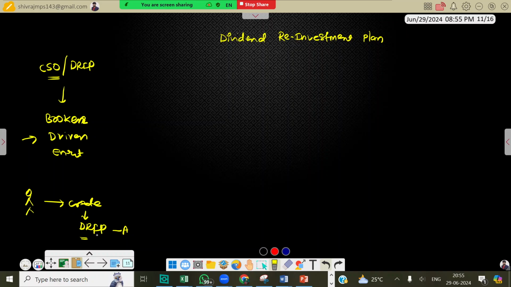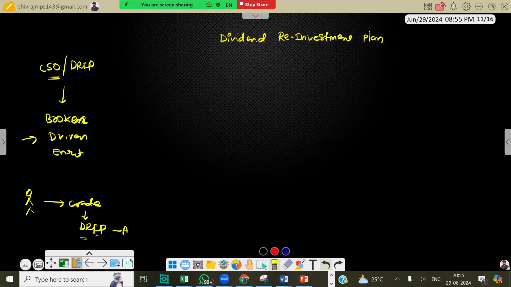So basically, it's a normal investment activity, which is managed through your dividend income. That's all. In very simple terms, it's dividends managed by the broker for investing purposes.